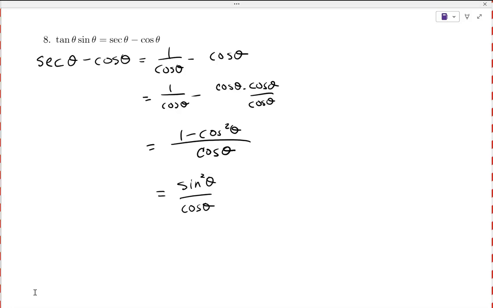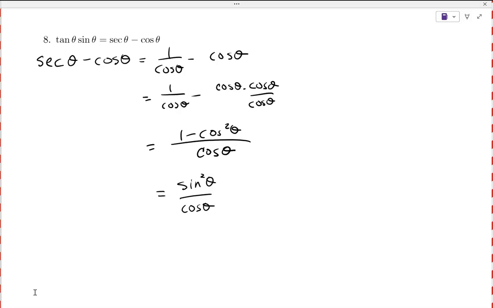Is that okay so far? Now this might be maybe the trickiest part of going through this whole side. I need to recognize this as what's on the left-hand side, right? But what is tangent equal to? Sine over cosine. Do you see a sine over cosine in there?